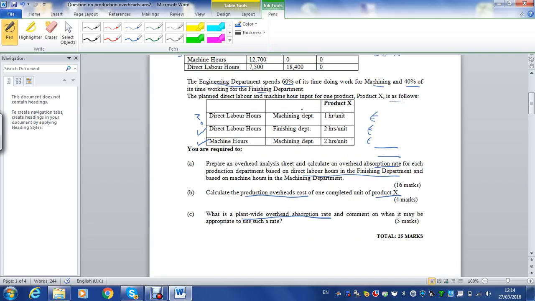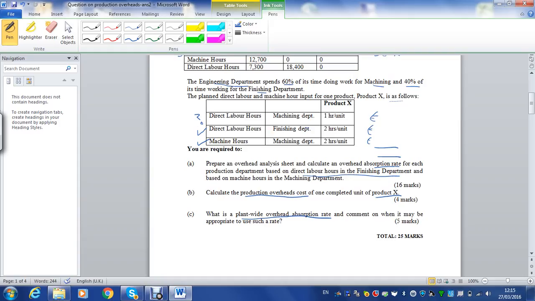We have 3 components here, and it is kind of confusing, but let's just follow the question and see where we get to, because it's only for 4 marks. It's telling you that there are 2 hours here, multiplied by a rate gives you a figure, and there's 2 hours here by the rate gives you a figure. But there's another one here, hasn't been worked out yet.